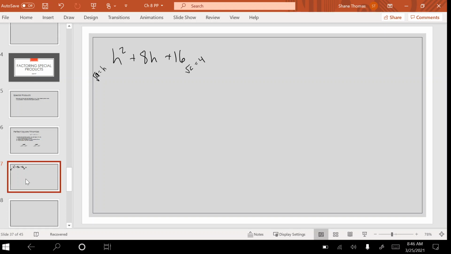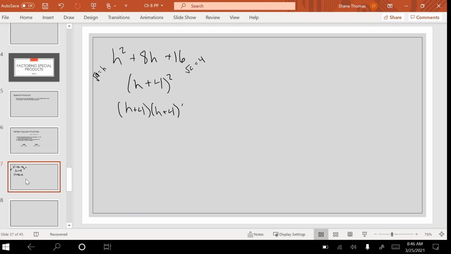Now, everything's a plus, right? So plug it right into that form: the square root of a plus the square root of c, quantity squared. That would be the same if you go through and factor this the old school way: h plus 4, h plus 4.